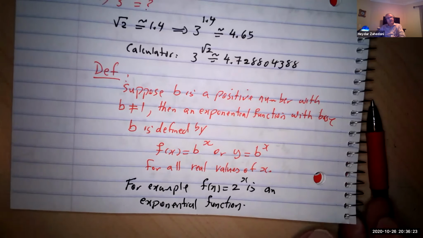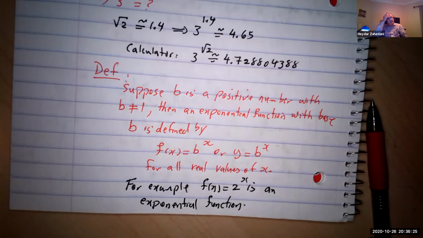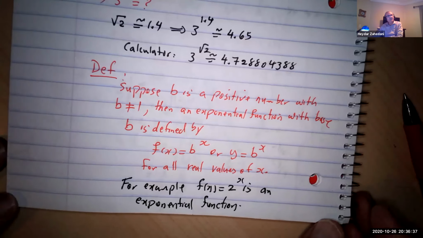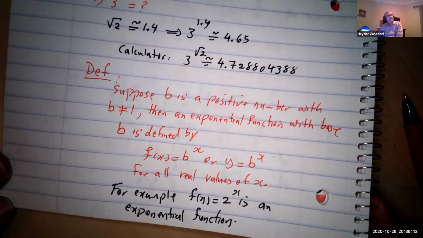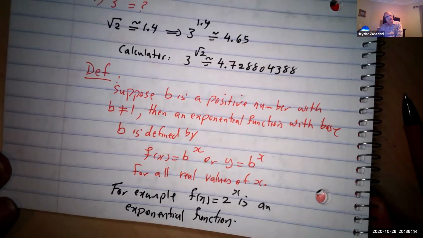So it's going to be a machine for us, okay, a new machine. So how are we going to operate with this machine? First, we are going to graph this machine. That gives us a better understanding of the nature of the function, and we take it from there. Okay, any question? So make sure you understand why the base must be a positive number.